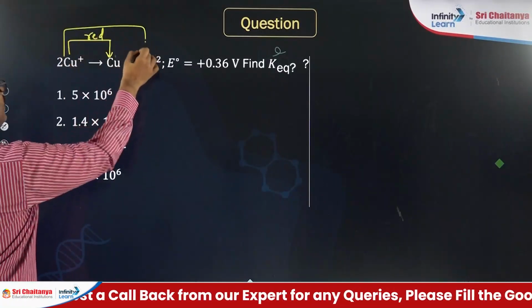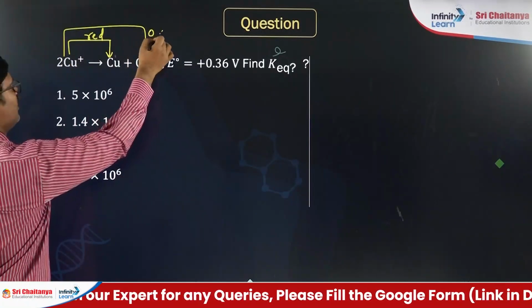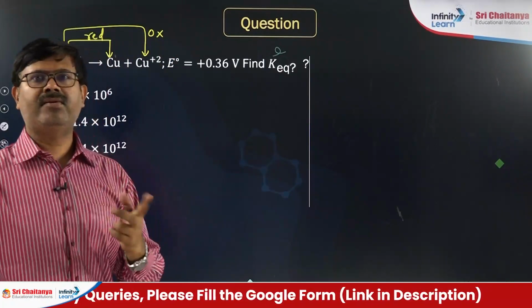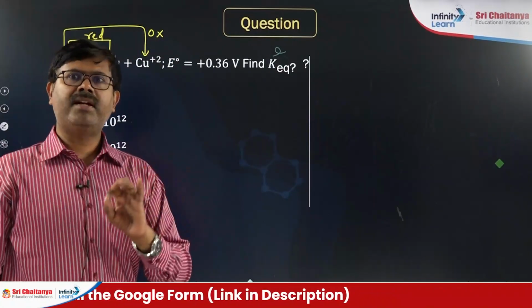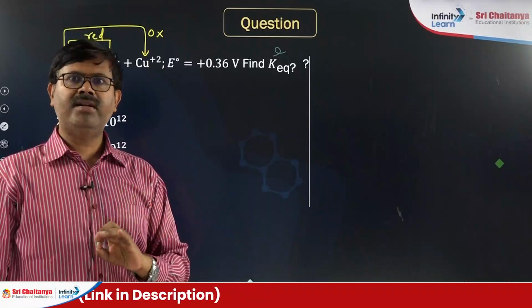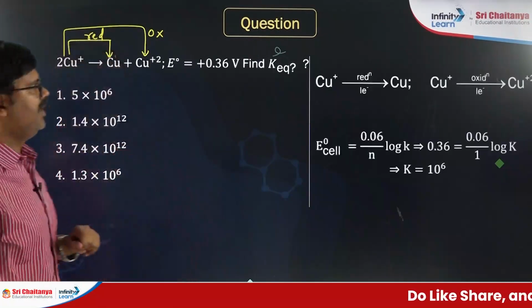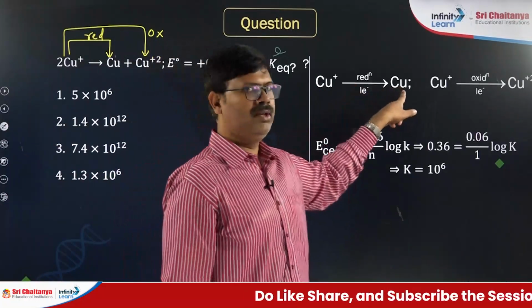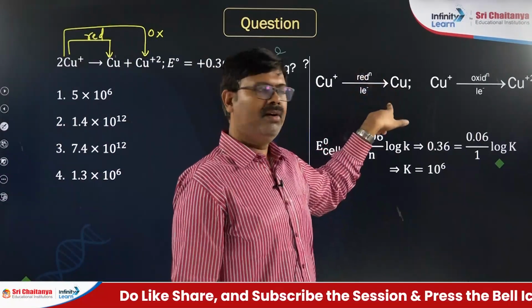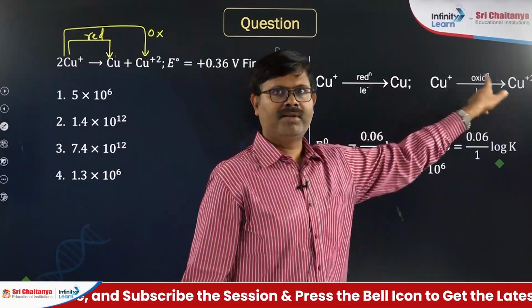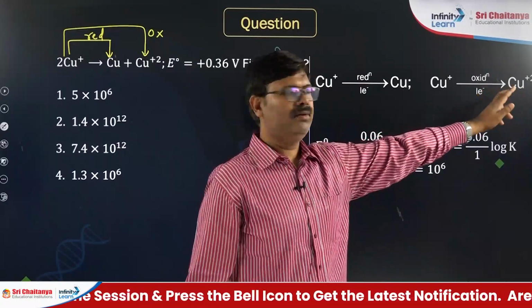The second Cu plus is undergoing oxidation. One is undergoing reduction, the other is undergoing oxidation. Either you take reduction or oxidation, the moles of electrons involved is 1 only. See, Cu plus gives Cu, here also 1 electron. Cu plus oxidizing to Cu plus 2 case also 1 electron.